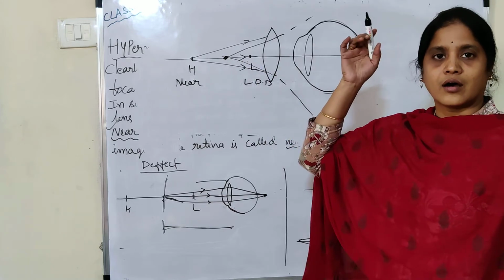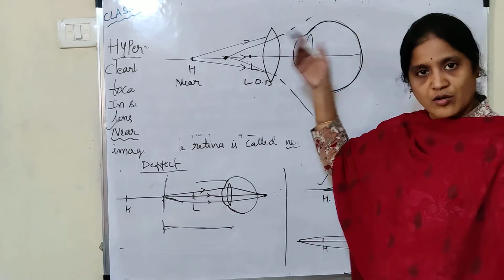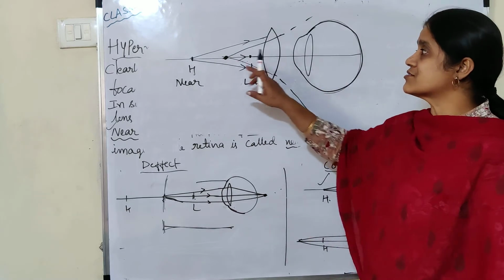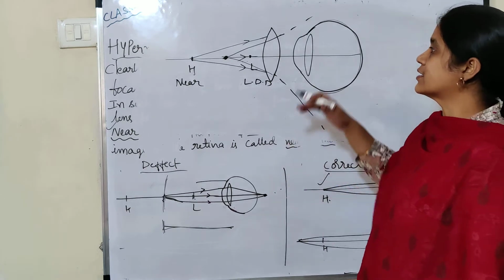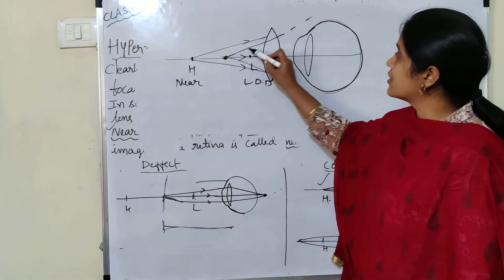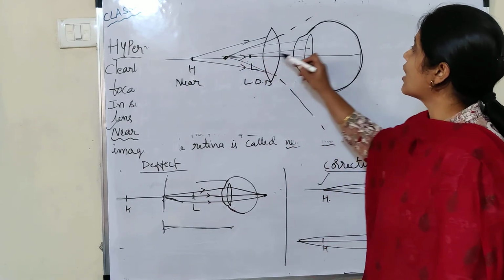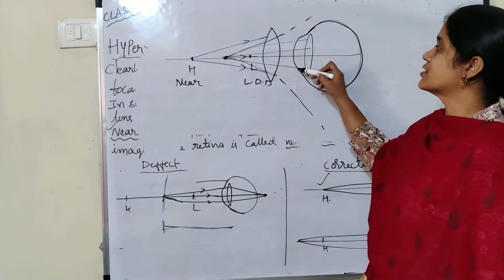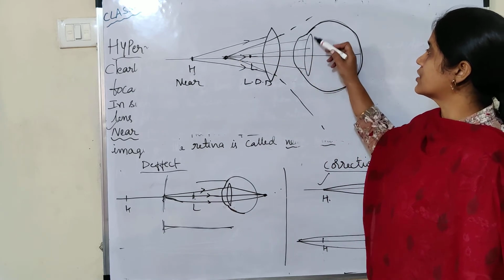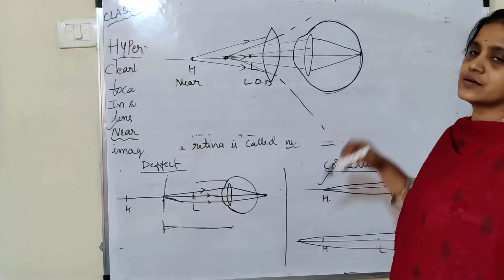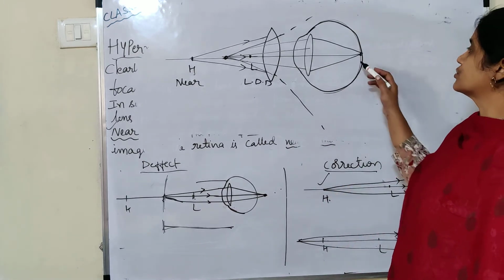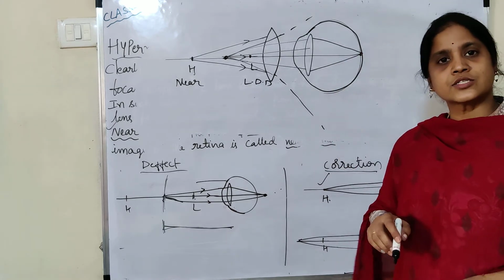The eye lens receives this image as an object, and the divergent rays falling on the eye lens converge on the retina. So they can see the image clearly.